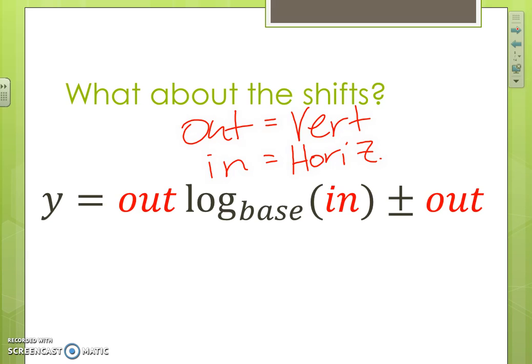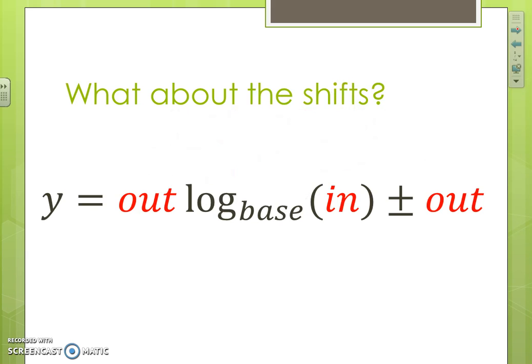And the only thing on the inside is the part that's in the logarithm function, not the base, inside the x of the logarithm function. And there will be parentheses around it.